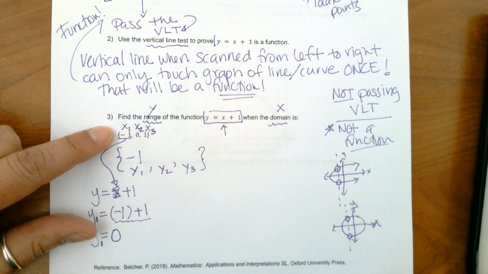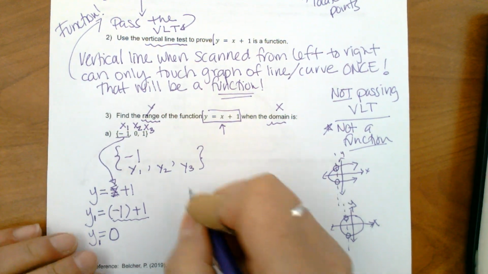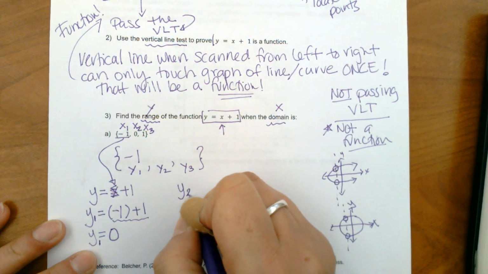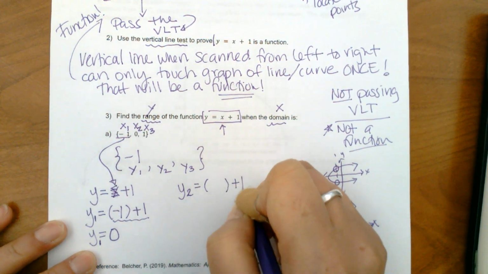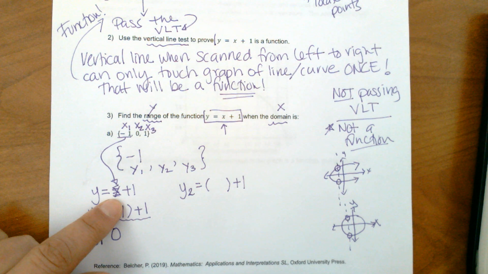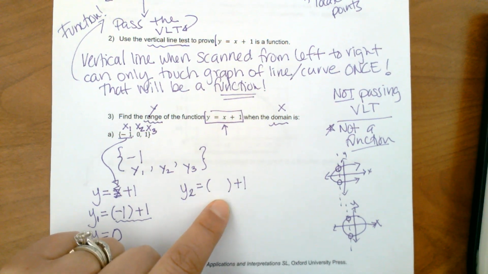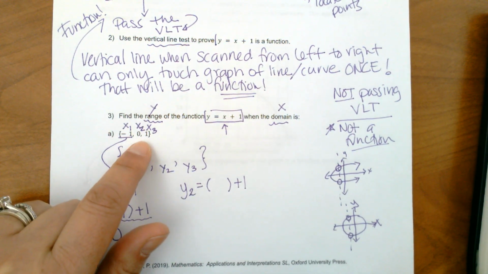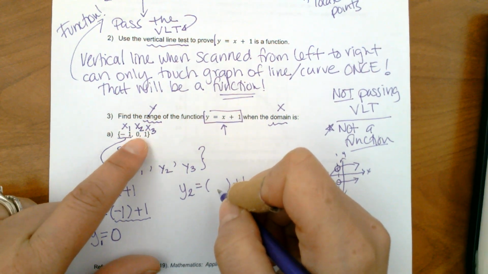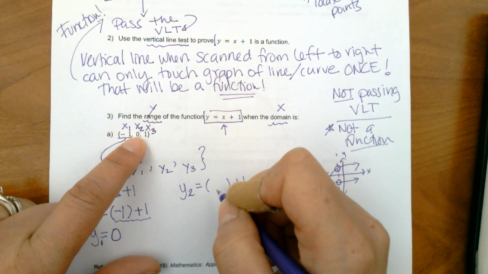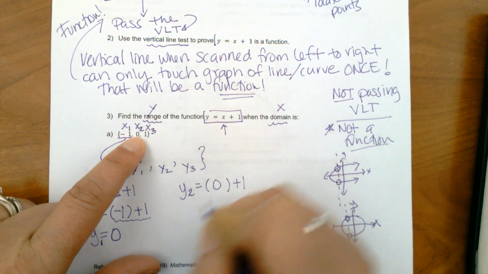That's it. Now we're going to do our second one. So y sub 2 equals, I have parentheses plus 1. Because remember, I took that x out. I replaced it with parentheses because now I need to find my second y. So I'm going to now put in the second number they gave us, x sub 2. I'm going to put 0 in.